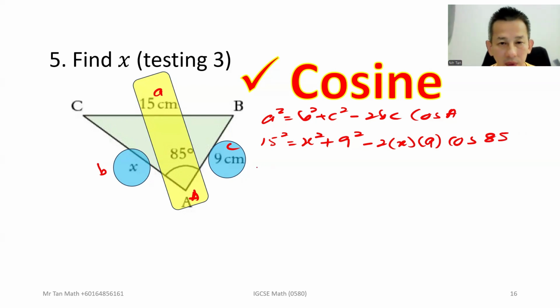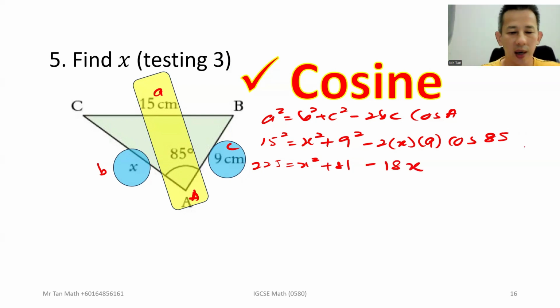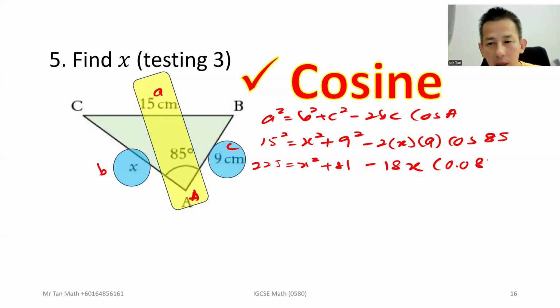You calculate 15 squared, and cos 85 you should get 0.0872.